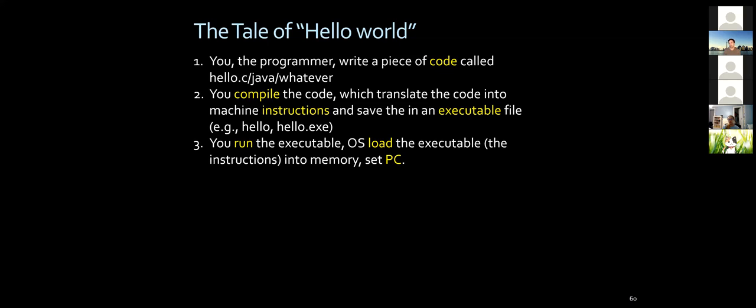I understand you haven't had an advanced course on operating systems yet. That's something you're going to learn in C69. But that's the basic thing you need to know about the OS's goal: take this binary, load it, and set the PC to the right starting position. And that starting position, surprise, surprise, is the beginning of your program, the beginning of your main, if you write C code. That's where the whole process starts.